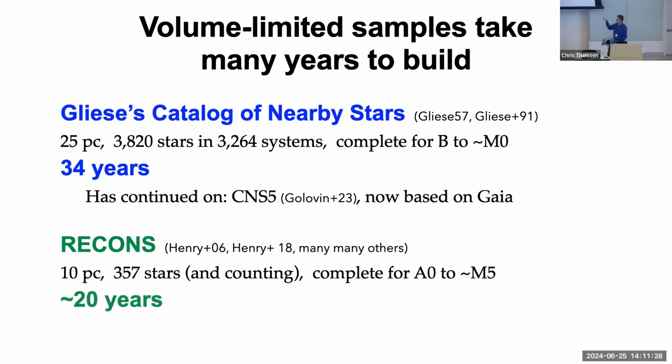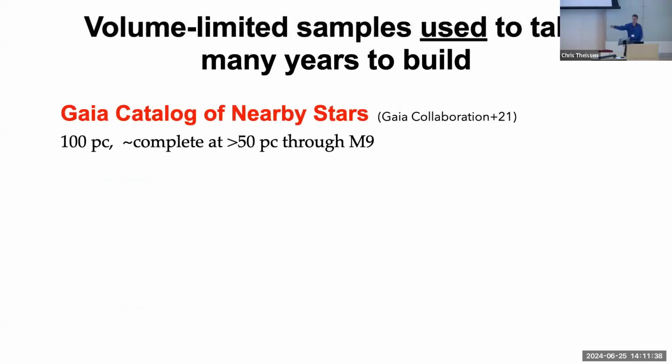And I'm saying twiddle 20 years here. That project is ongoing. So it just takes time to do this, unless, of course, you get a major advance in telescope technology. And then Gaia comes along and gets a billion parallaxes, and suddenly you have a 100 parsec sample, and at more than 50 parsecs, it's complete down through the end of the M dwarfs. And it does that in a few years.